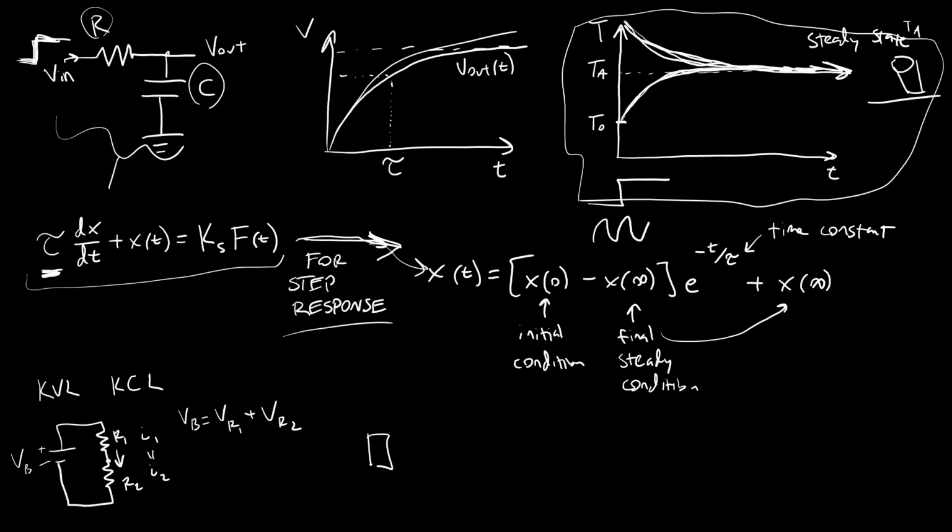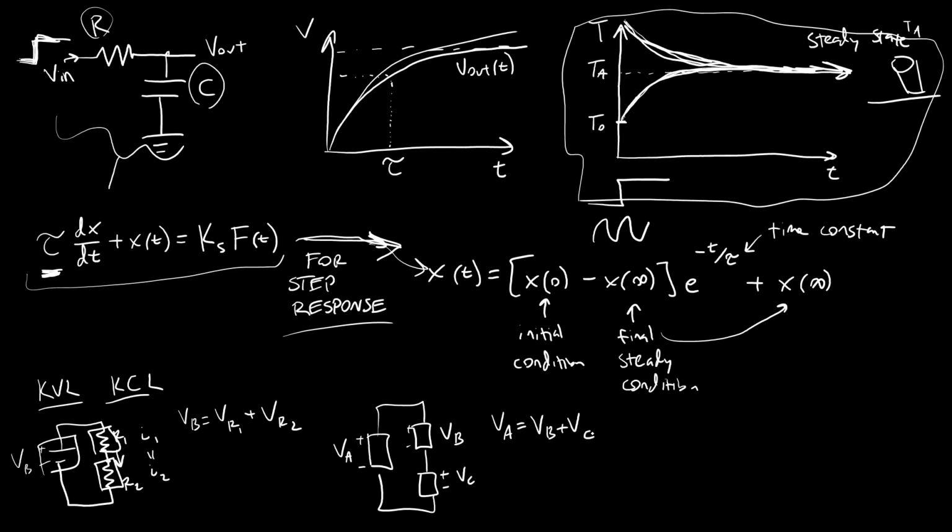The important part as far as this video is concerned is that these two laws apply regardless of what these things are. It doesn't matter if these are resistors; they also apply to capacitors and inductors, which we will talk about later. So more generally, if I follow my sign convention, which we talk about in some earlier videos, say I have thing A with voltage VA across it, thing B, thing C, this just sounds like a Dr. Seuss novel or something, then Kirchhoff's voltage law here is still VA equals VB plus VC.